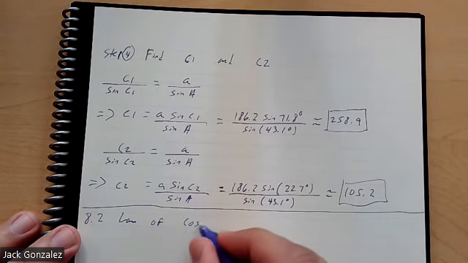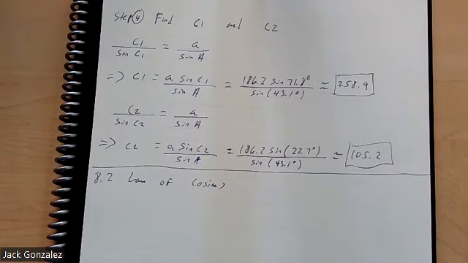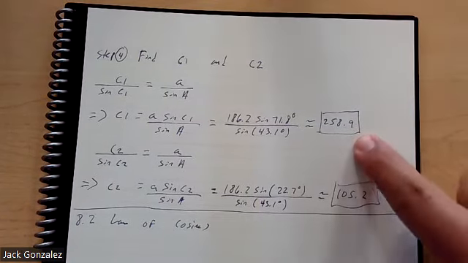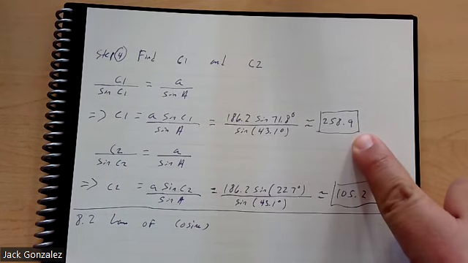Law of cosines. So the beauty of law of cosines is you don't have to worry about multiple triangles. With the 186.2 and sine 71.8, I think it's 71. No, the sine 71.8, the angle is 71.1.